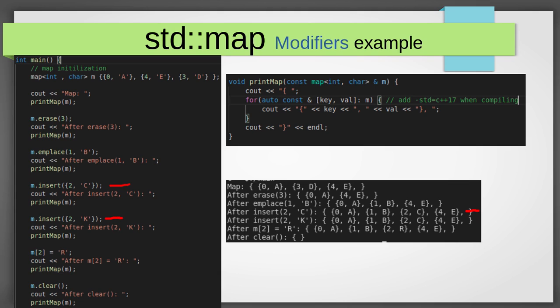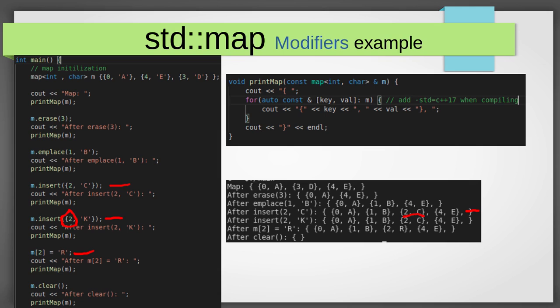And in this line I'm trying to insert a pair but with a key which already exists. In that case the insertion is rejected and the old value will remain, which is 2 maps to C. This is another way to change the value of a key. So m of 2 equal r.